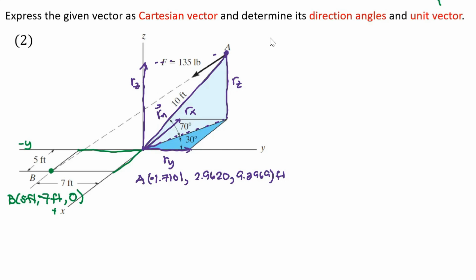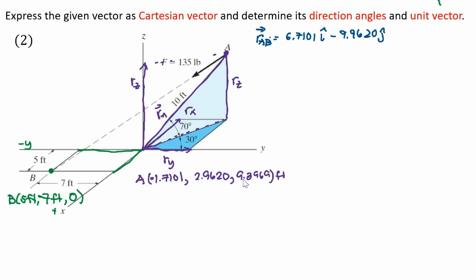Let's determine now its position vector. The position vector RAB is 5 minus negative 1.7101, so that is 6.7101 i hat. Then negative 7 minus 2.9620, so that is negative 9.9620 j hat.